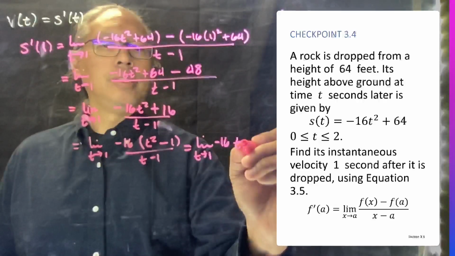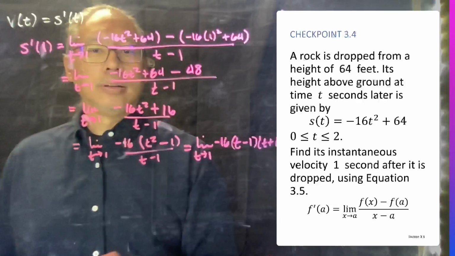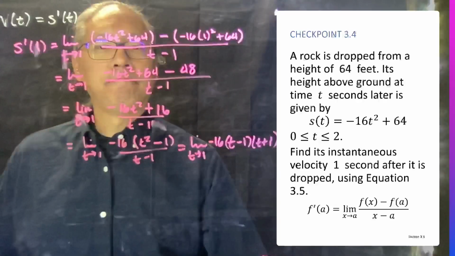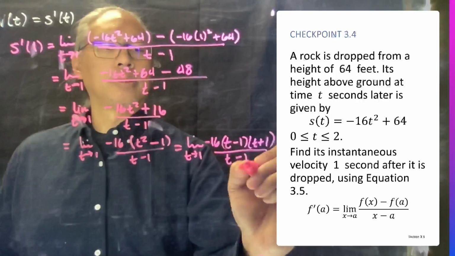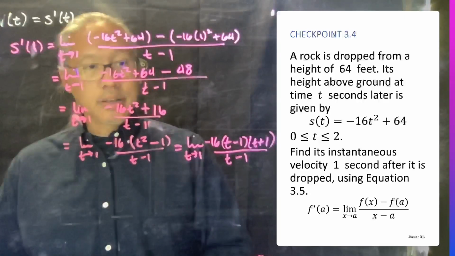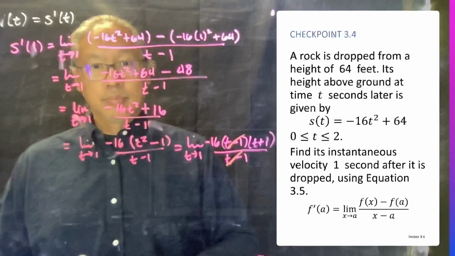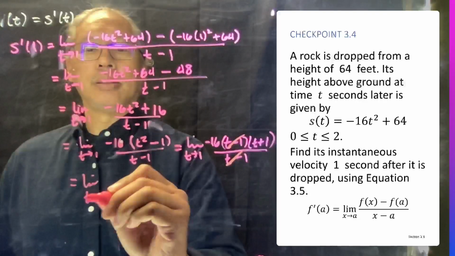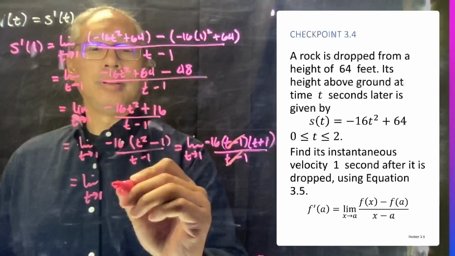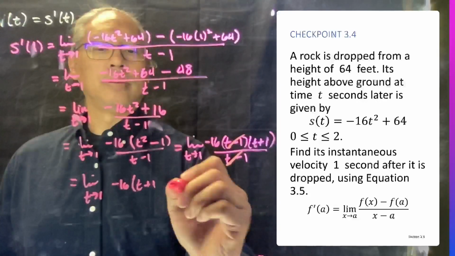And then we have t minus 1 times t plus 1 divided by t minus 1. So we'll get the t minus 1s to cancel. And then we will have the limit as t approaches 1 of negative 16 times t plus 1.